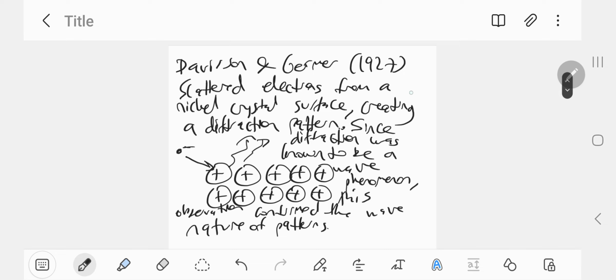So 1 mark for mentioning the experiment here, 1 mark for mentioning diffraction, and 1 mark for linking diffraction with wave phenomenon, and hence concluding that electrons, when scattered from nickel crystal, form wave patterns.